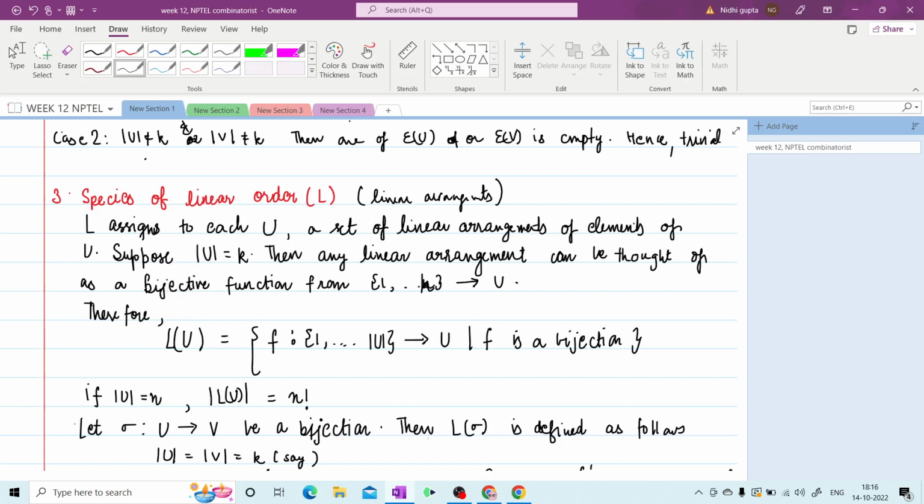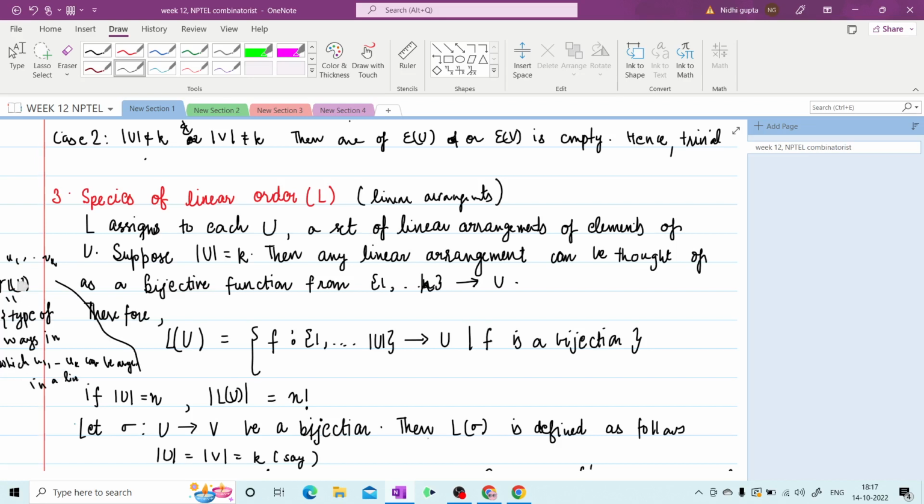This species assigns to each finite set U the set of all linear arrangements of the elements of U. So if U has k elements, say u1 to uk, then L of U is basically the set of ways in which u1, u2, up to uk can be arranged in a line.